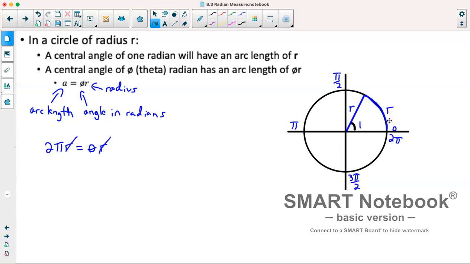Now, from this, we essentially know that from here to here is pi, but that's also, in degrees, 180. So that can give us this conversion factor that 1 radian is equal to essentially 180 divided by pi.